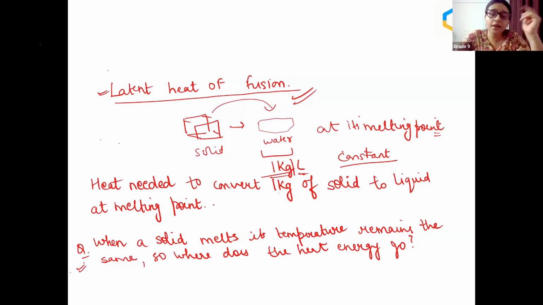Om replied that it is between the particles. So what is it doing between the particles? It is required to overcome the bonds present between the solid particles, to break them up and to convert the solid into water. In this way, you have to write the answer. Shall I write it for you, students? If you want me to write the answer or frame the answer, I will write it for you.